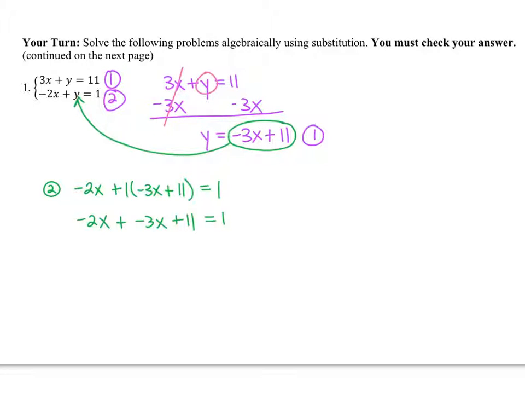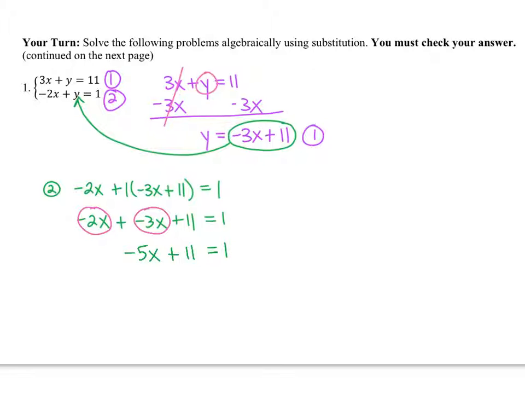Now notice we have two like terms on the same side. I know that I can combine the negative 2x and the negative 3x since they're like terms on the same side of the equation. So negative 2x plus a negative 3x is a negative 5x, and then I still have plus 11 equal to 1. Now it's just a simple equation we can solve.